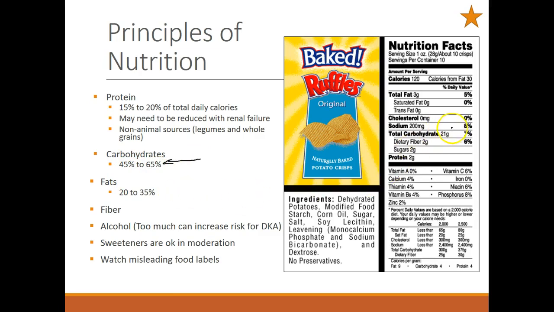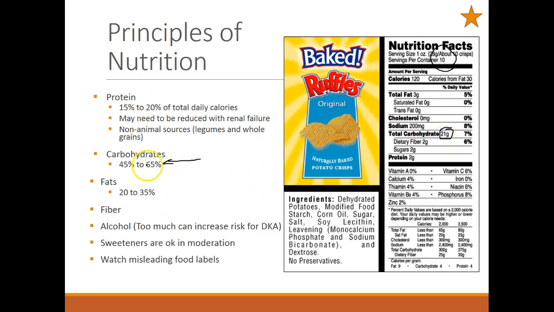When I talk to patients, I really don't talk to them about sugars. I talk about carbohydrates. If somebody ate this entire bag and doesn't know how to read a label, they might say, oh, this has 21 grams of carbs, but if you look up here, the serving is 10, so that is definitely a lot more than 21 grams of carbs.